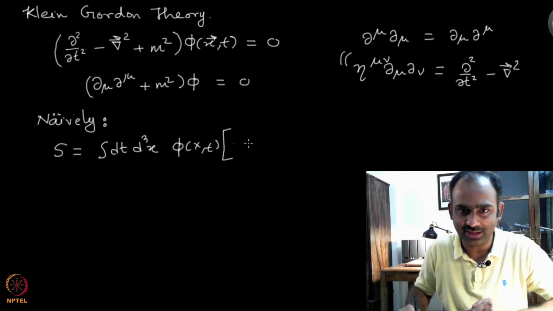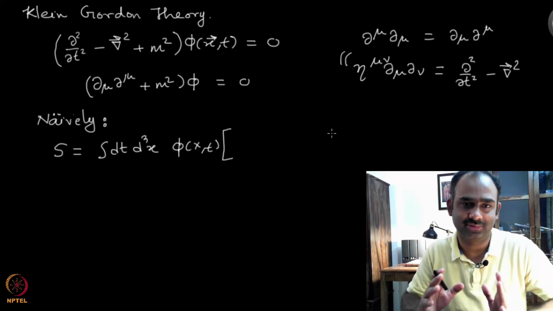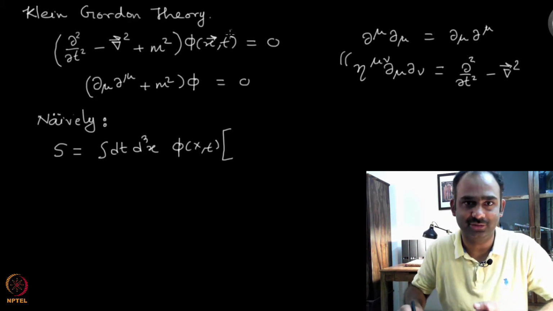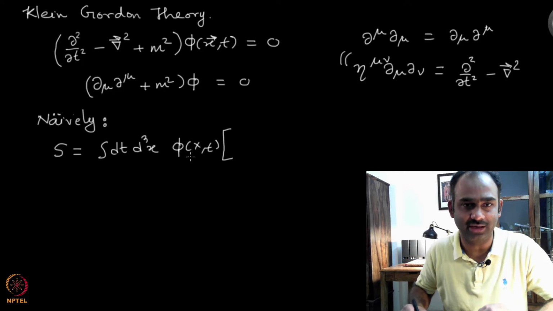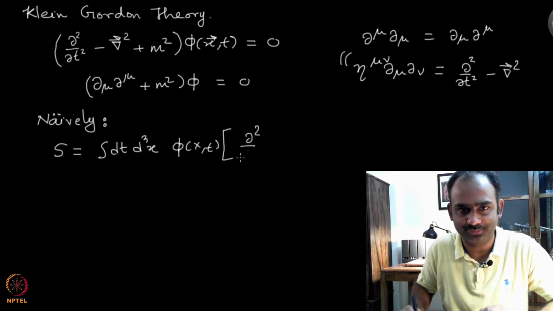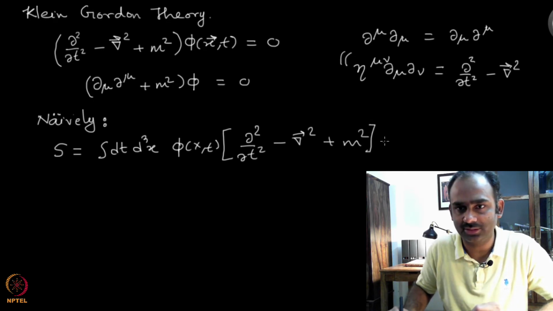And if you remember, here I will put basically the left hand side of the equation of motion, so this entire piece, so that when I take a variation with respect to phi, I will get this equal to 0, exactly the way we did before. So I put here this entire thing acting on phi.